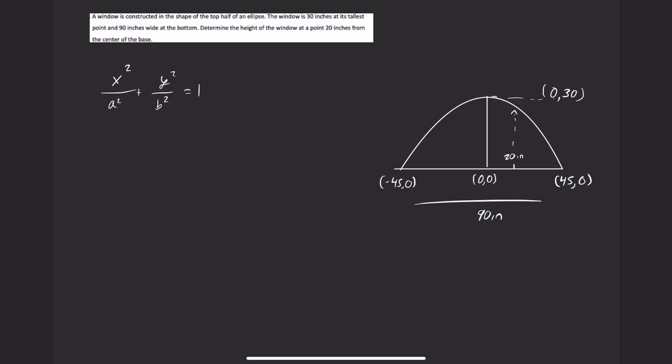Okay, so with this information, we can plug in points. So a, the distance from the center to the vertex, has to be 45. And then the co-vertex, which is b, is 30. Now, plugging it into our equation, we have x squared over 45 squared, which is 2025, plus y squared over b squared, which is 900, equals 1. Now we can plug in 20, this point (20, 0), to get our y value.